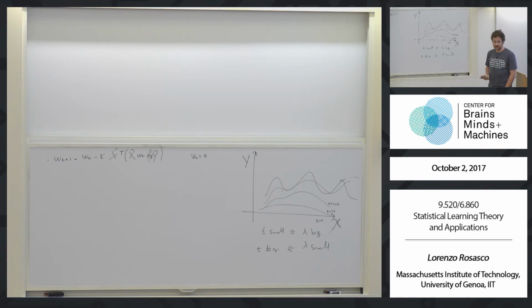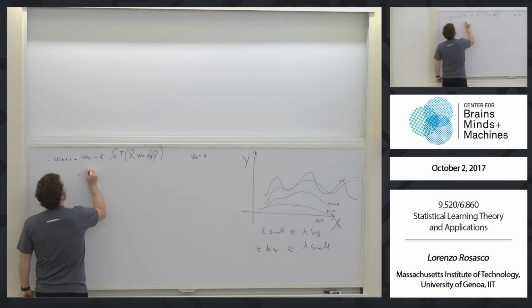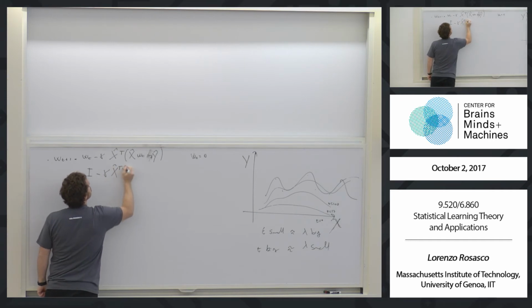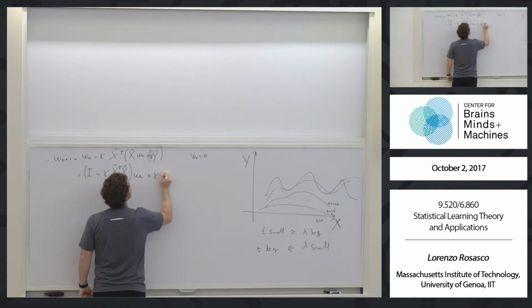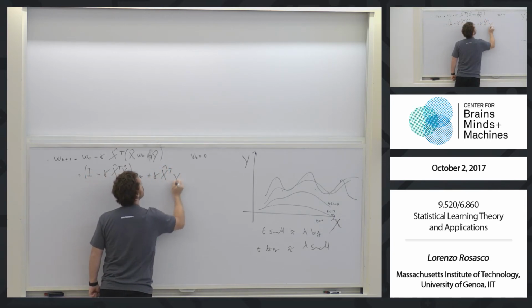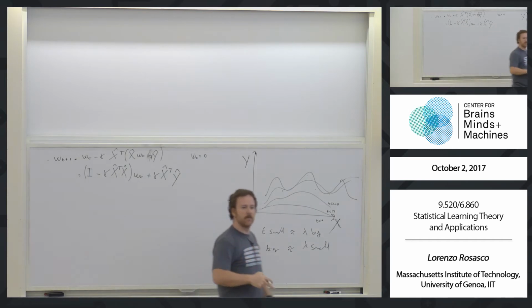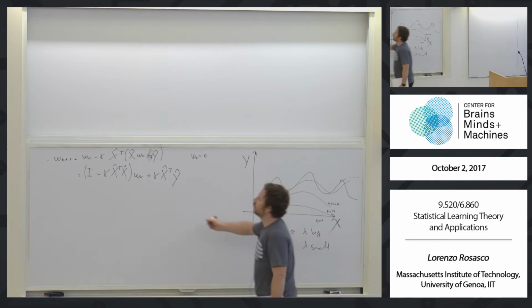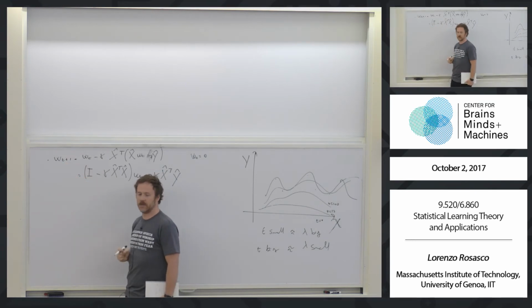Are we ready? Let's do it. So clearly I can rewrite this like this. If you play with this and write down a couple of iterations, you start to see that you can write the iteration w_t in closed form with respect to the initial iteration.